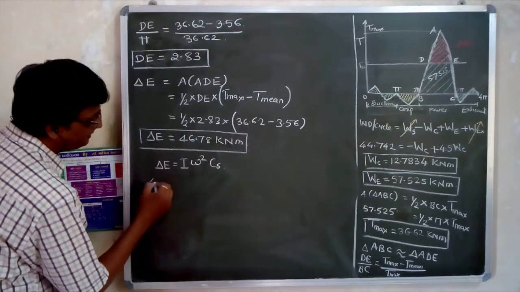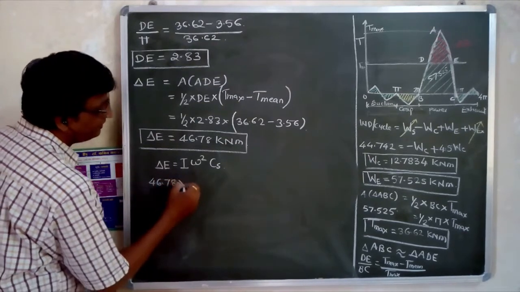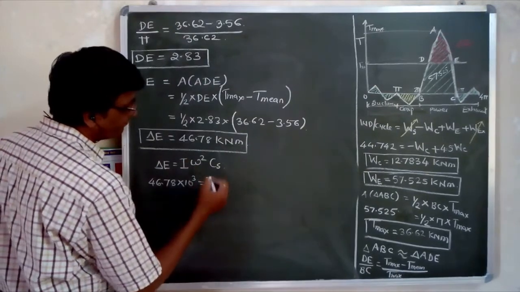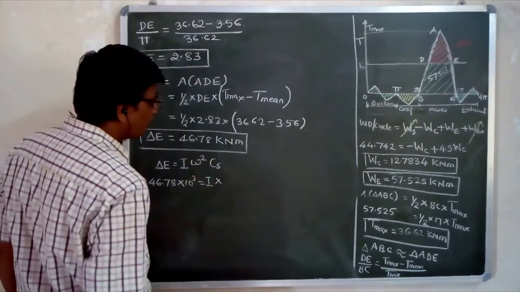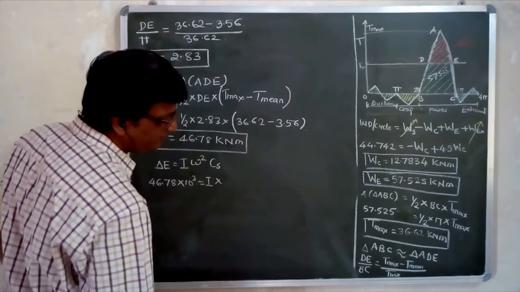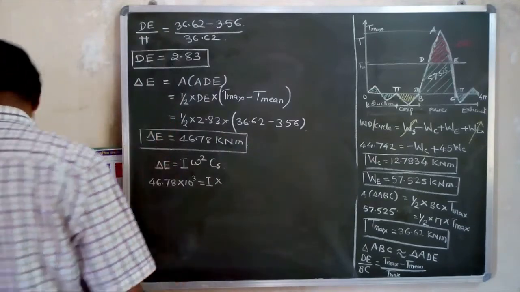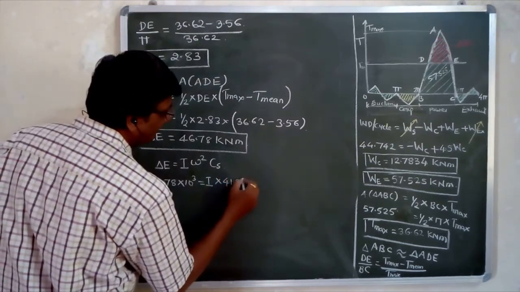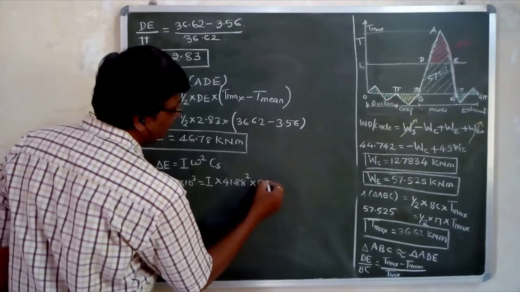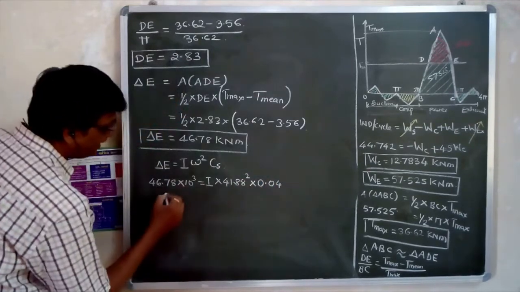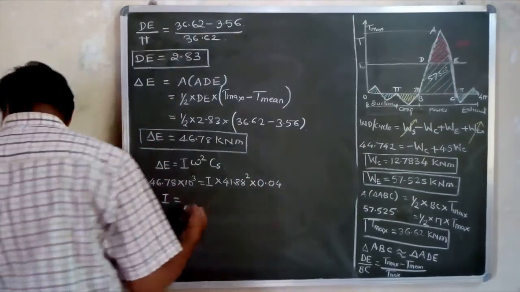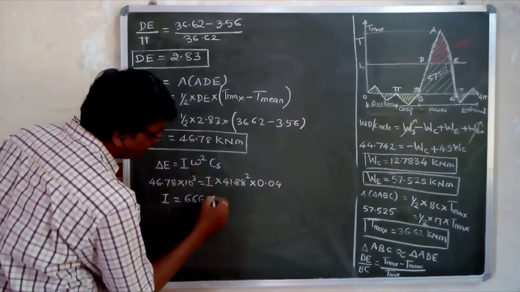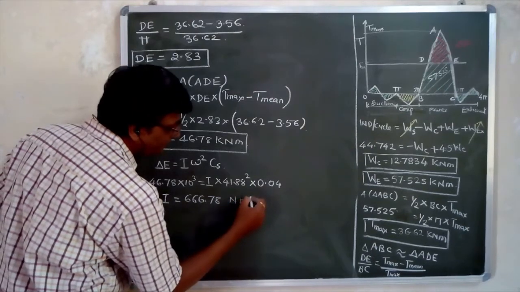Now delta E is 46.78 into 10 raised to power 3, that is equal to I into omega, that was 41.88 square, into CS was 0.04. From that I calculated that I comes out to be 666.78 Newton meter second square.